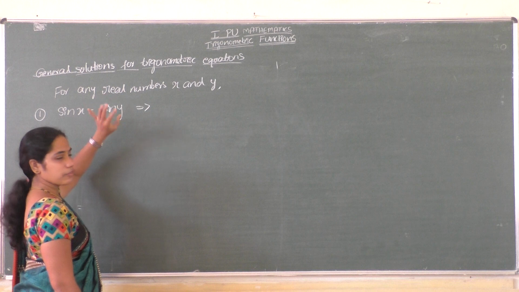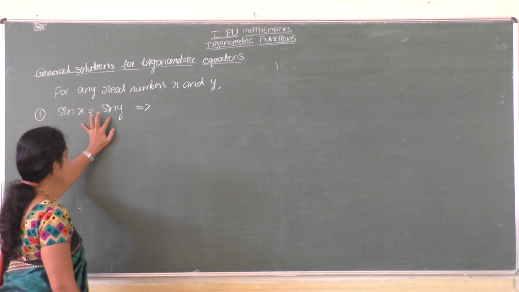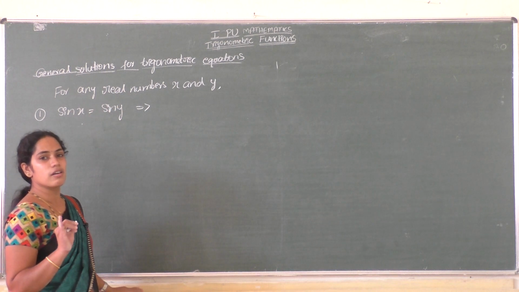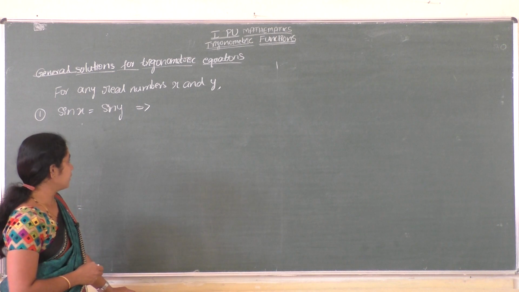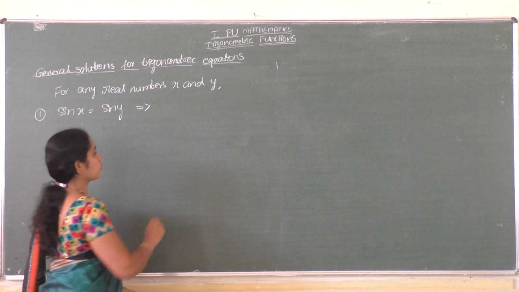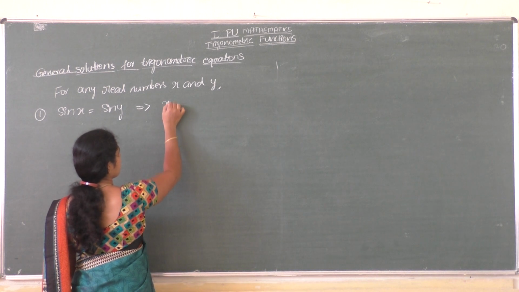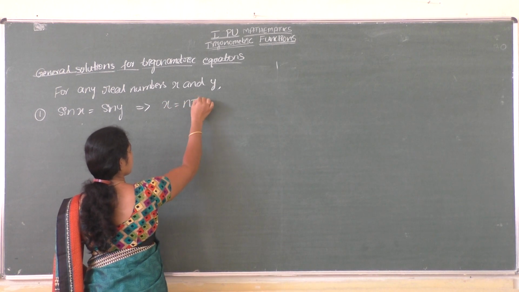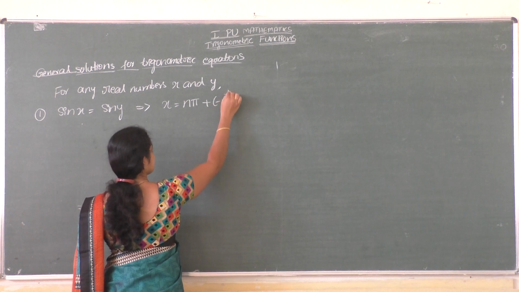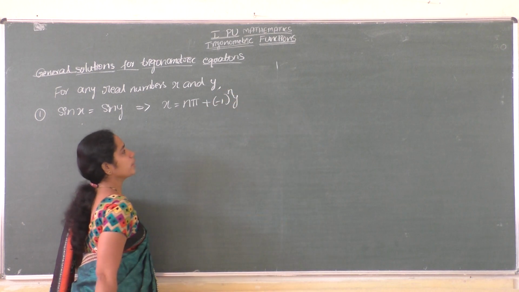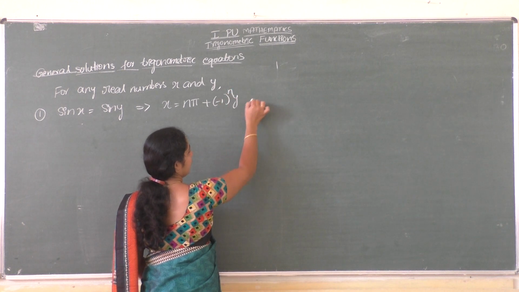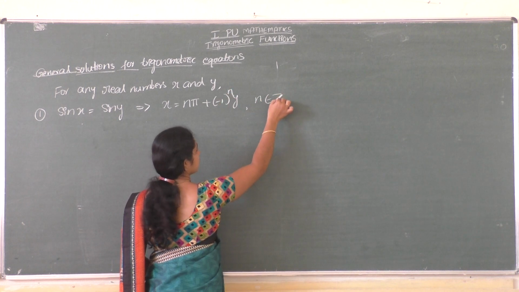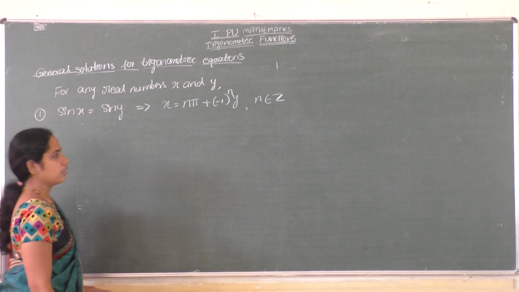We have three formulas in terms of sine, cos and tan. Sin x equal to sin y implies x equals n pi plus minus 1 to the power n into y, where n belongs to Z.